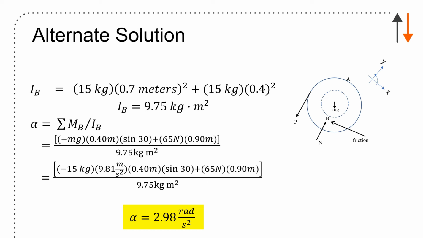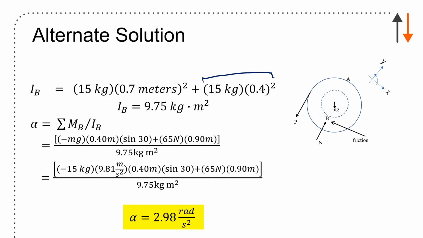Alternatively, I could recognize that this is no slip, and because it's no slip, I can use point B as a point to do the rotation. Now, usefully, I would calculate, using the parallel axis theorem, my I about B, and do alpha about that point.